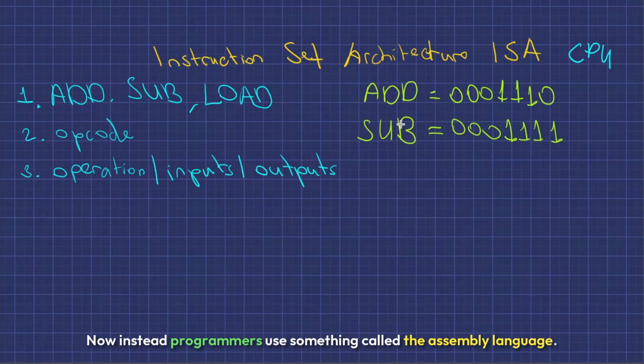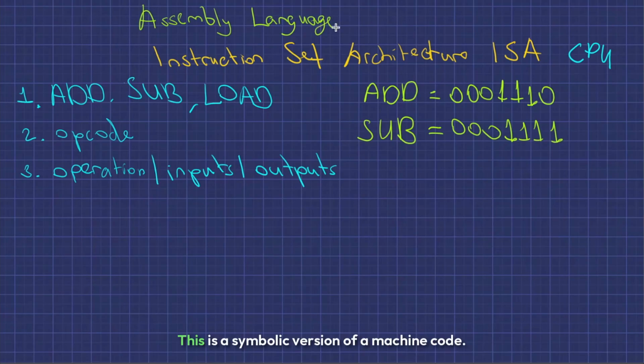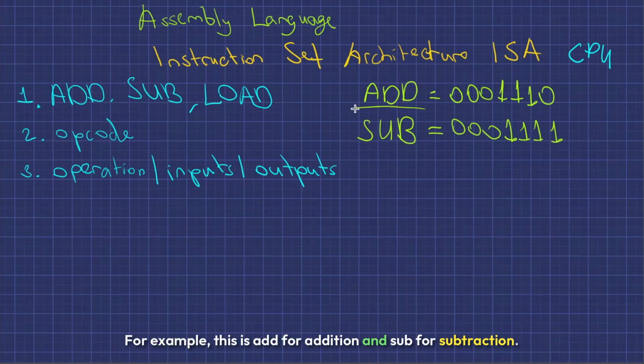Instead, programmers use something called assembly language. This is a symbolic version of machine code. Each instruction has a mnemonic, a short code word to represent it. For example, add for addition and sub for subtraction.